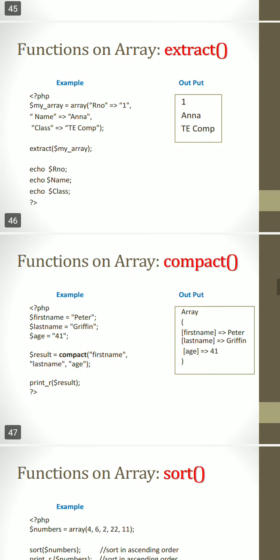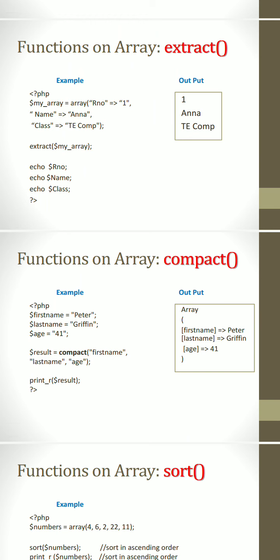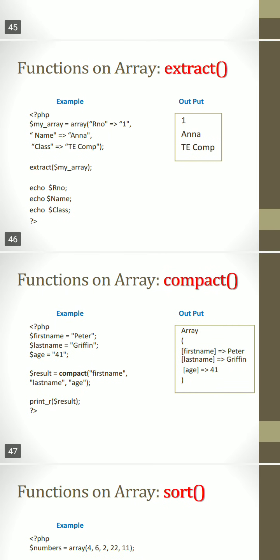Next we will see the extract function. What is the use of extract? It converts the array into variables. Okay, the array keys become variable names and array elements become the values of the variables. See, this is the function extract. One example based on this: $my_array equal to array in bracket roll_no equal to 1, name equal to Anna, class equal to TYCOM.